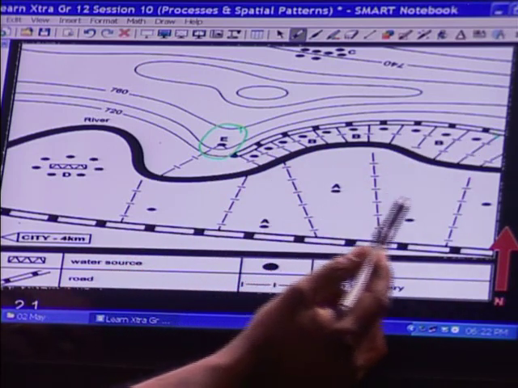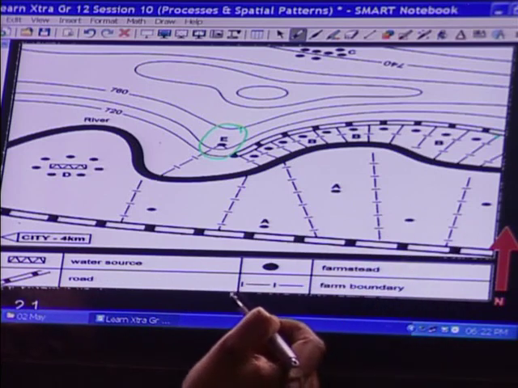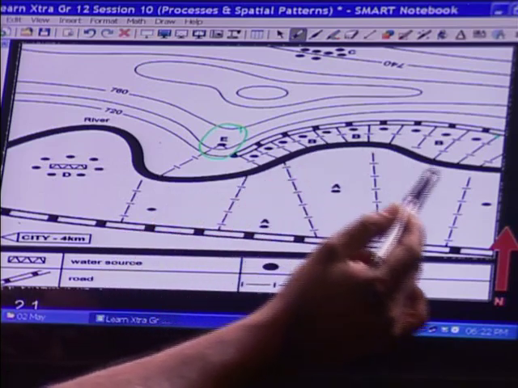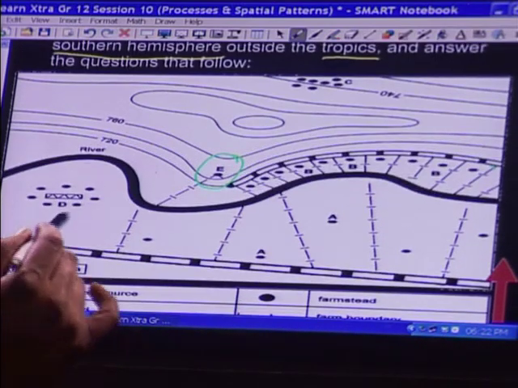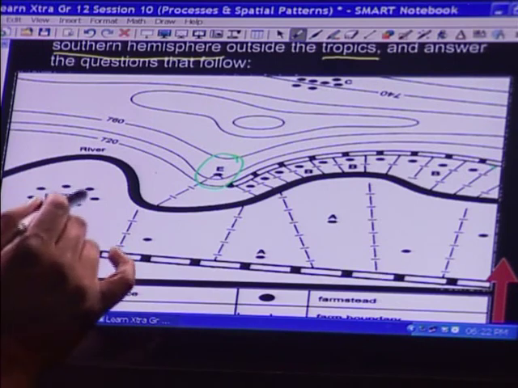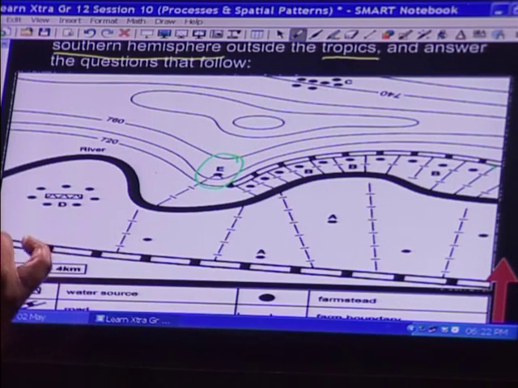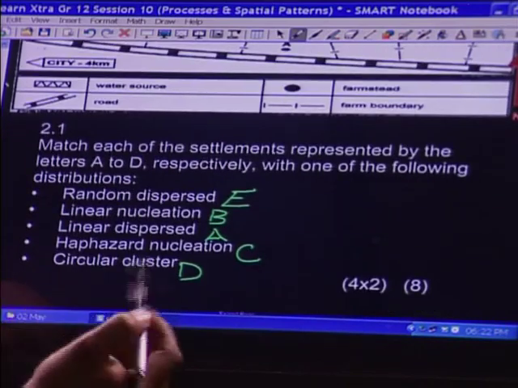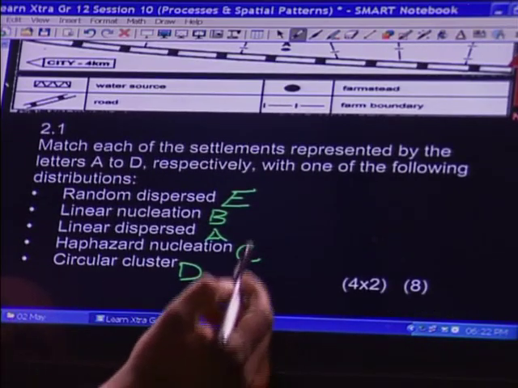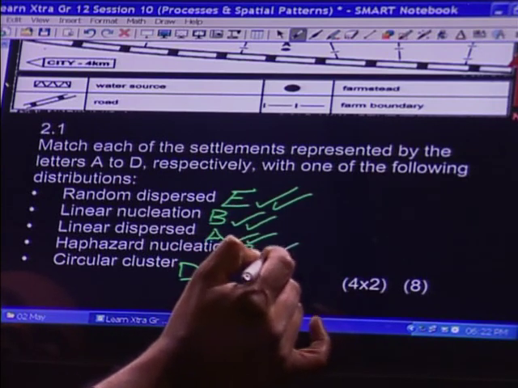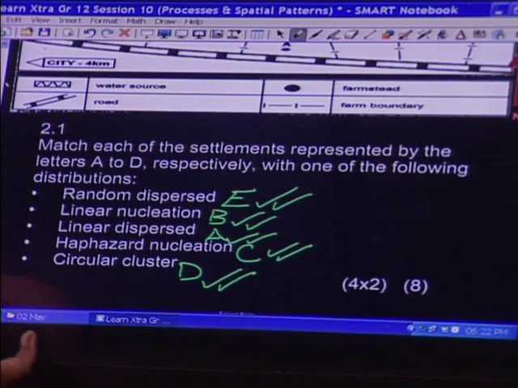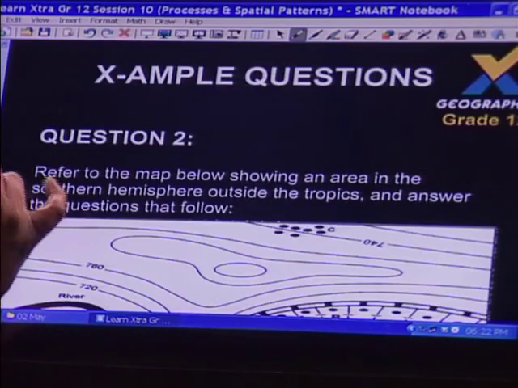Settlement A, dispersed settlement, however, still occurring along a linear feature. Settlement D is located in the shape of a circle and around a water source, and therefore becomes a circular cluster. For each of these, you'd get a full 2 marks, which would give you a total of 8. Moving on to the next question.